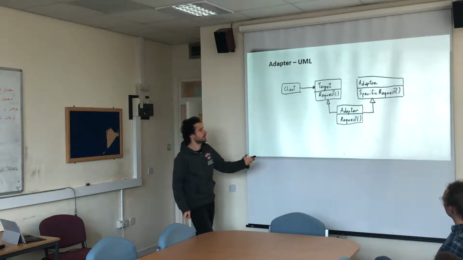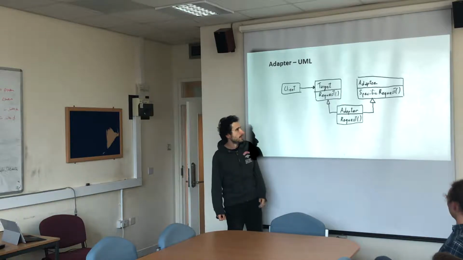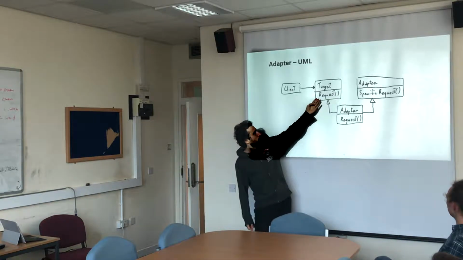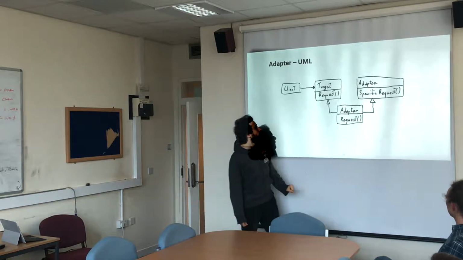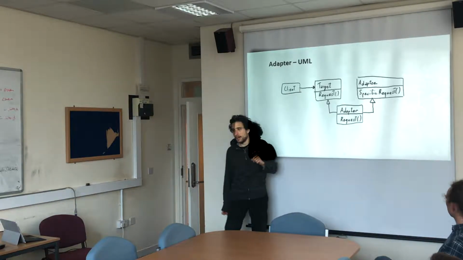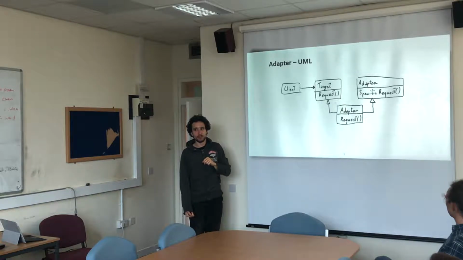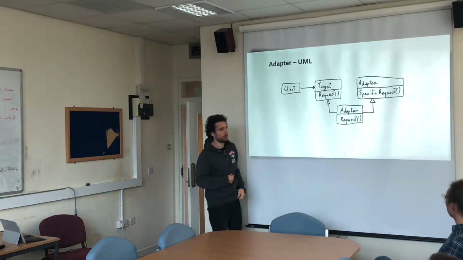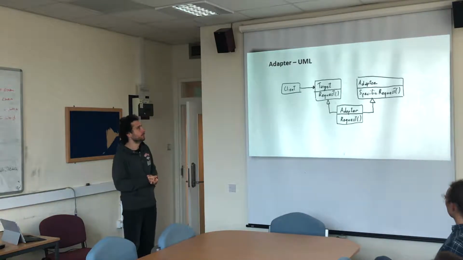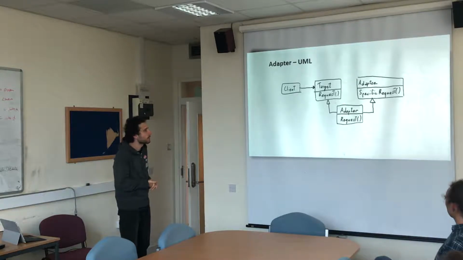So this adapter class extends both this and this. The full arrows denote in general, for example, that this line has a target. This is more or less the meaning of the arrows.